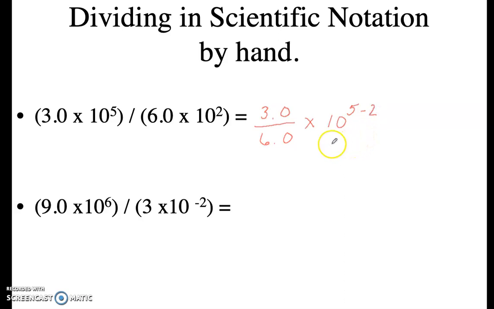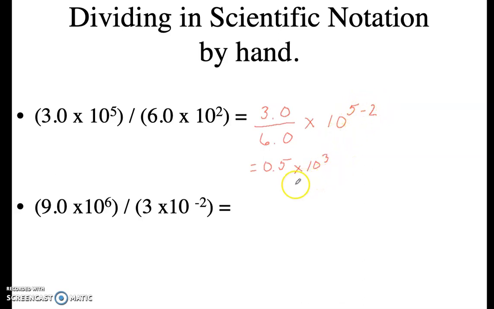Now 3 divided by 6 is 0.5. It's a half. Times 10. 5 minus 2 is 3.